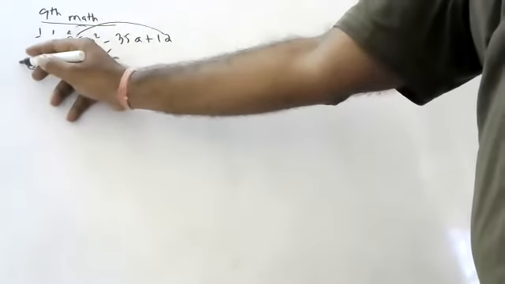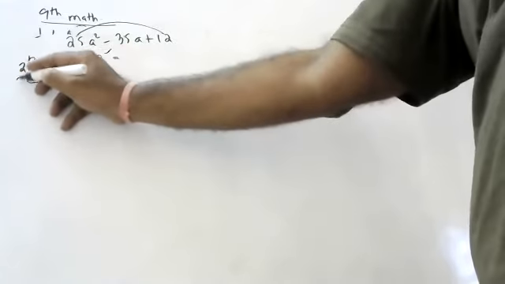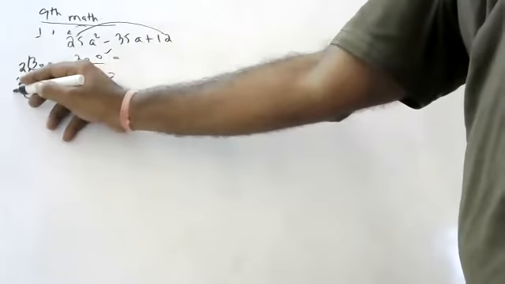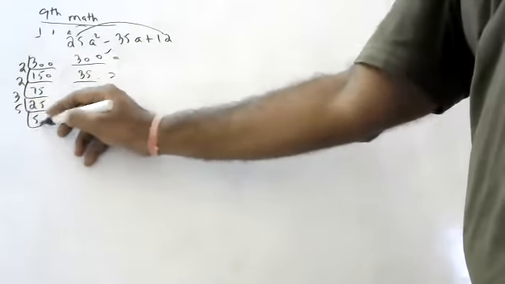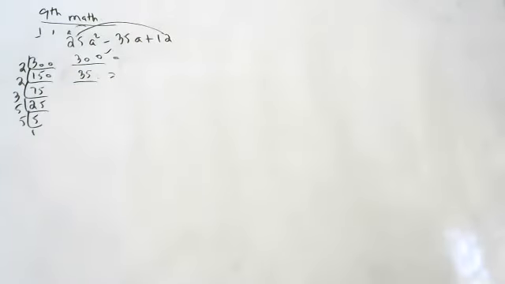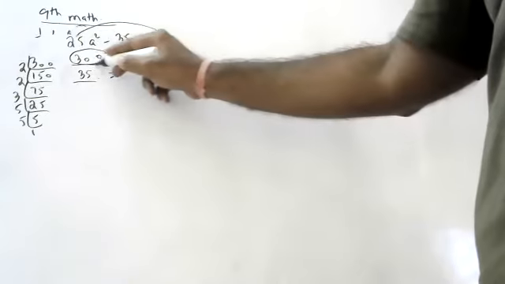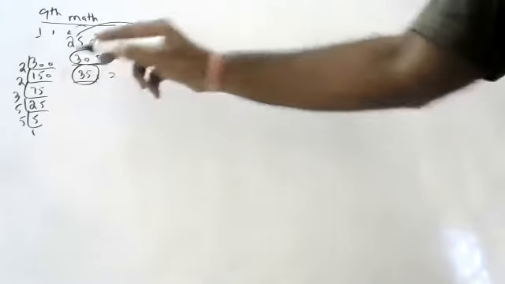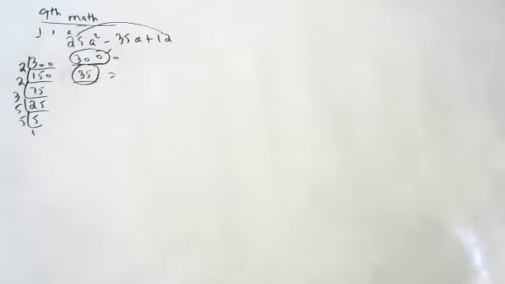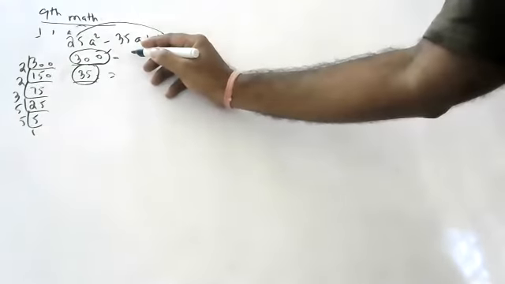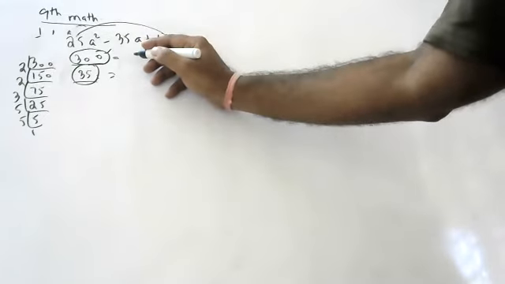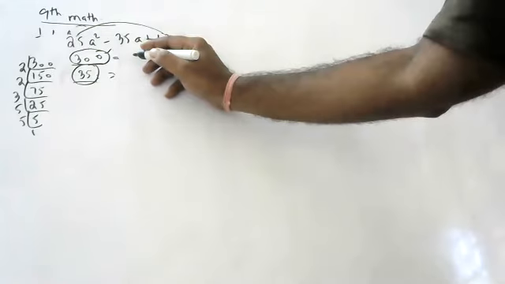Anyone? If you don't know, you have to do prime factorization and find out. Yes, children, anyone? Multiplication should give 300, plus or minus should give 35. Shall I write or will you write? 25 and 12?